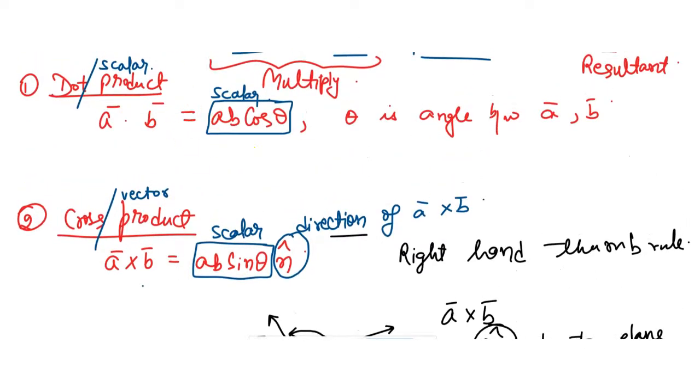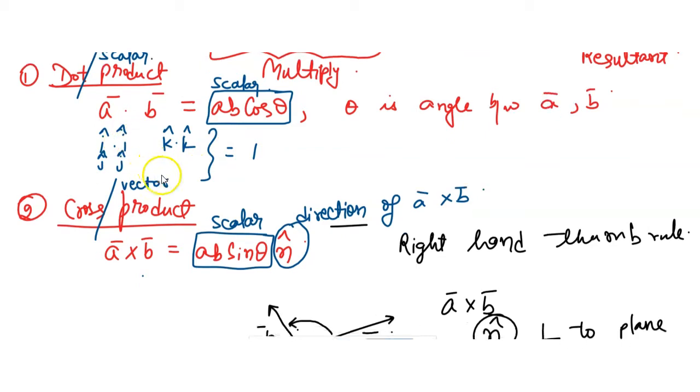Let us say we wish to find the result for i dot i, or j dot j, or k dot k. These results give 1. Let us suppose I am doing i dot i. What is the definition of dot? a dot b is ab cos theta.